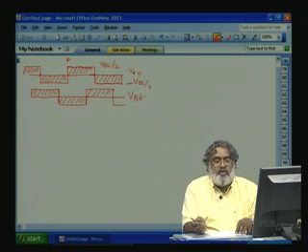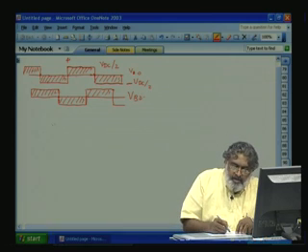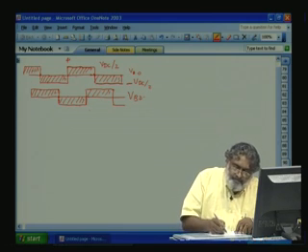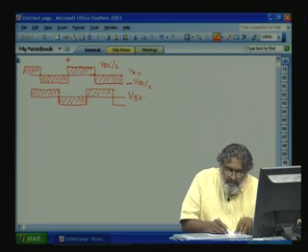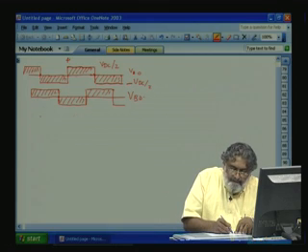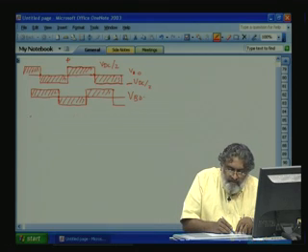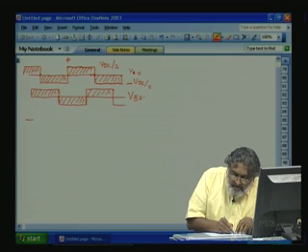Now, Vc0 pole voltage is again 120 degree phase shifted with respect to the B phase. So, from here 120 degree phase shifted means, let us draw the axis first.